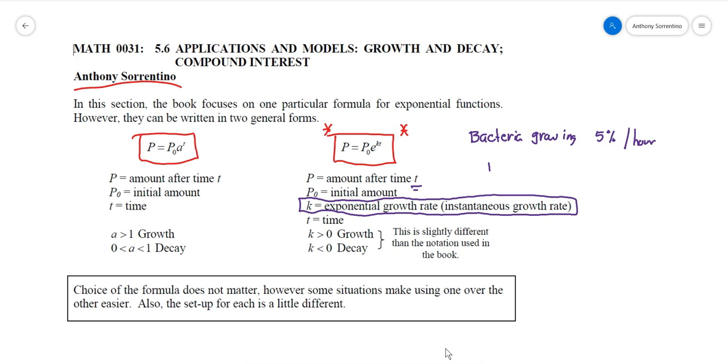They would say that allows you to say that k is 0.05. And if they said decaying, k would equal negative 0.05.